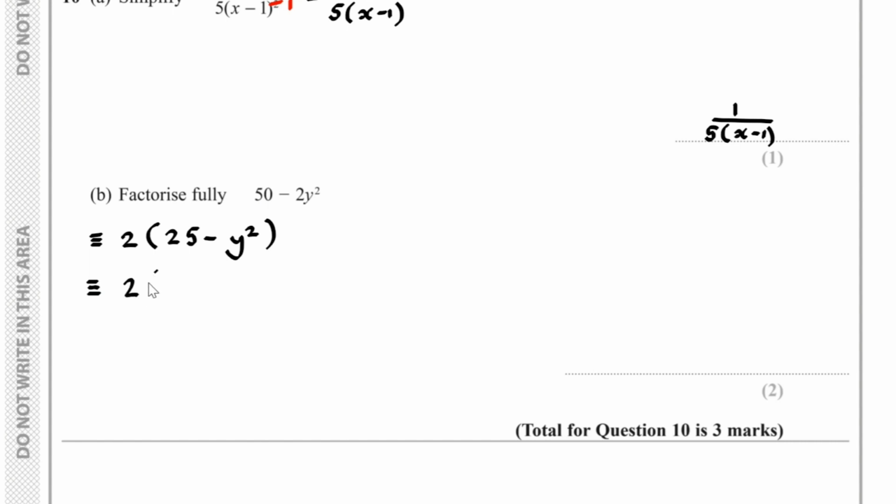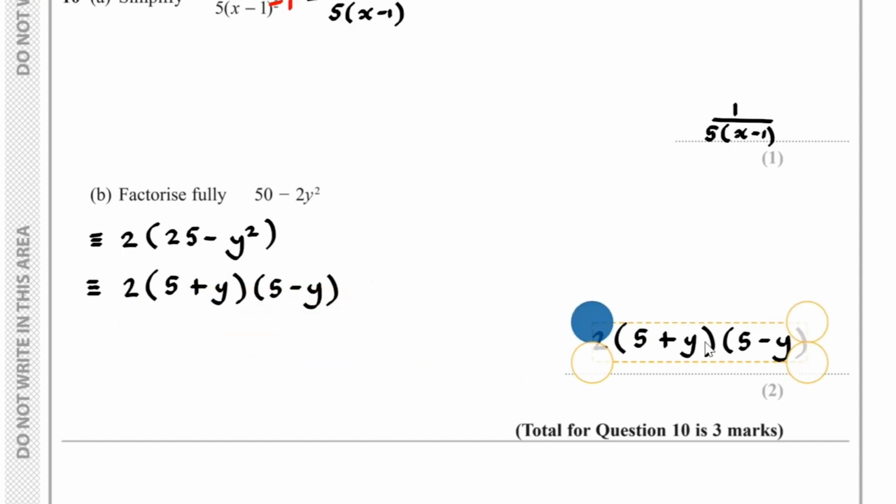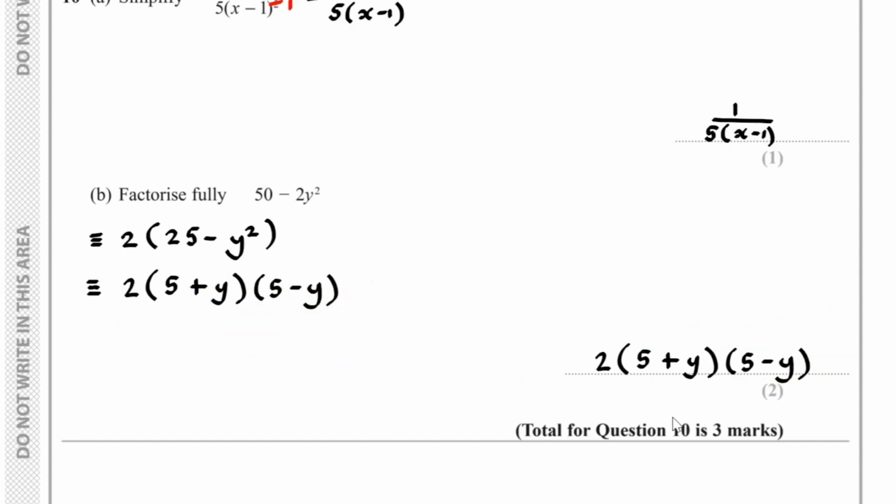And then if I recognize that I've got a difference of 2 squares here, we have 2 times (5 plus y) multiplied by (5 minus y). And so we end up with 2 times (5 plus y) times (5 minus y).